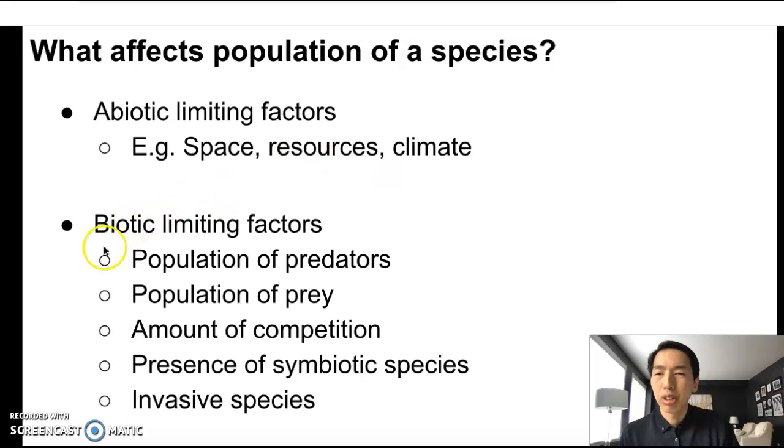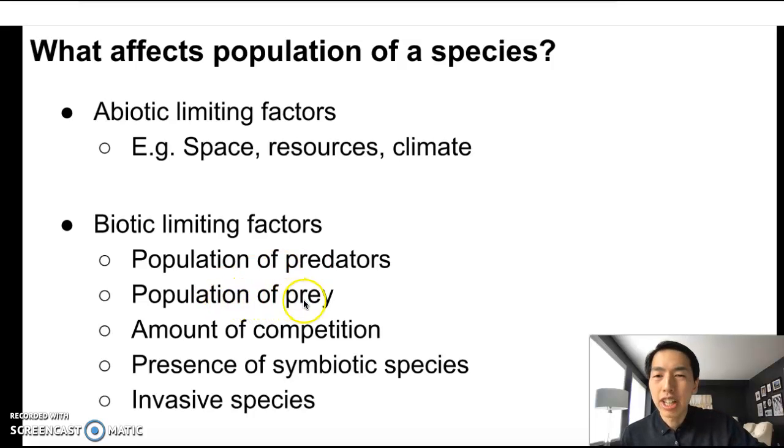And then in the previous lesson, we talked about biotic interactions. The biotic interactions are also going to be limiting factors to the population of a species. So how many predators you have in the area, that's going to affect your population.